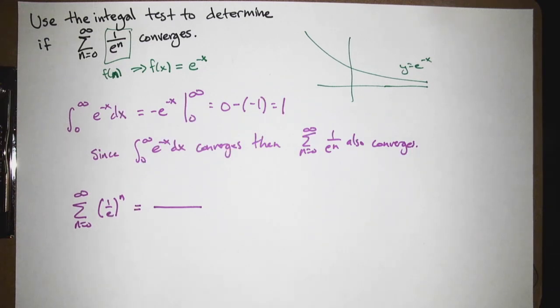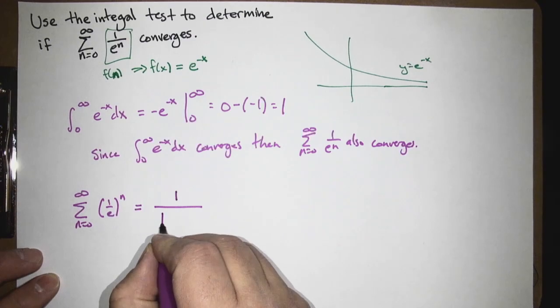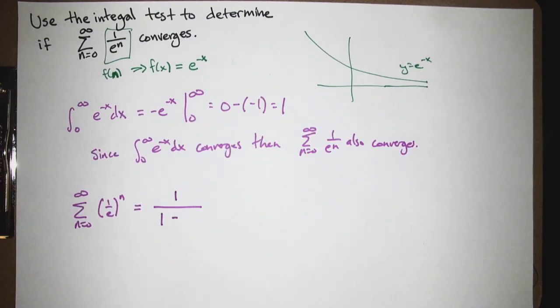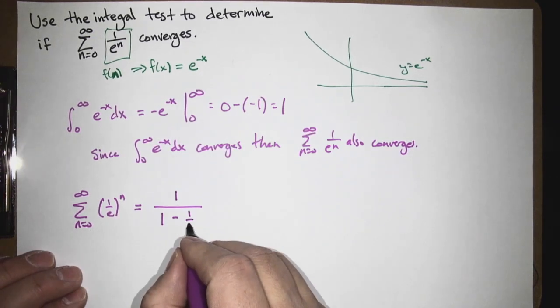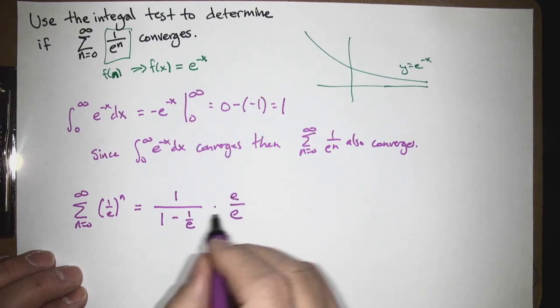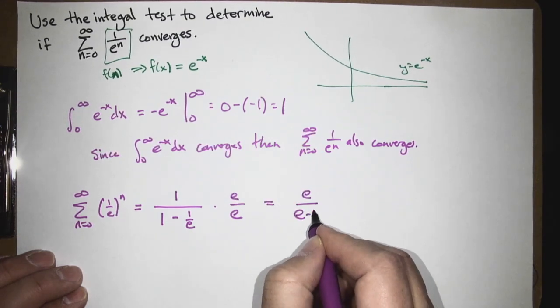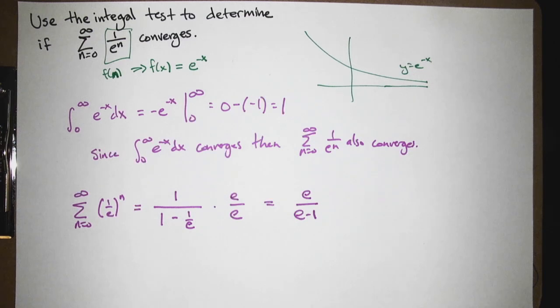What's the a? 1. Because when you plug in n equals 0, that would be the first term. 1 over e to the 0 is 1. What are you multiplying by? 1 over e. And if you multiply this by e over e, just so you can avoid fractions over fractions, this becomes e over e minus 1.